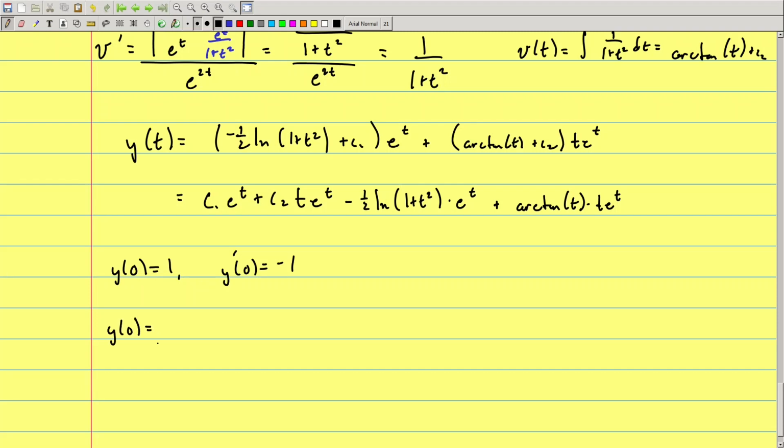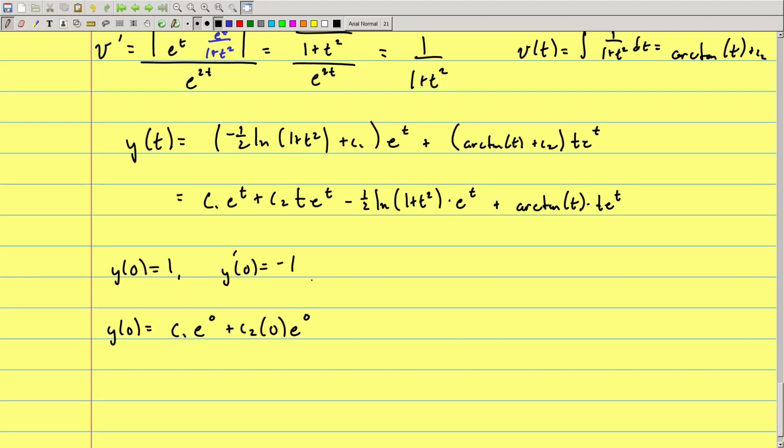Now, for problems like this, where we have a complicated expression for the particular solution, we just have to plug it in and see what happens, right?